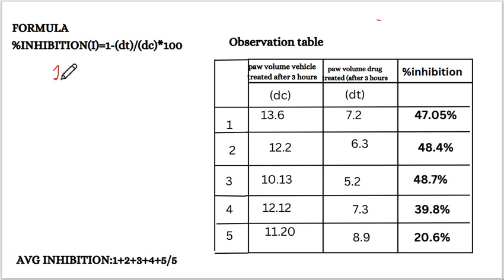So I is equal to 1 minus DT कितना है, ड्रग ट्रीटमेंट, 7.2 डिवाइड बाय कितना है, 13.6, into 100. Okay, so this we will calculate.